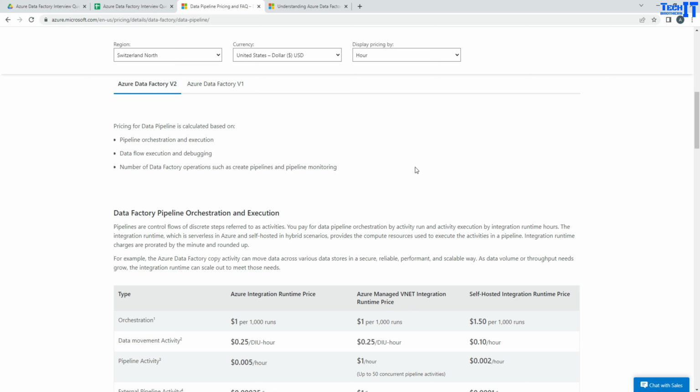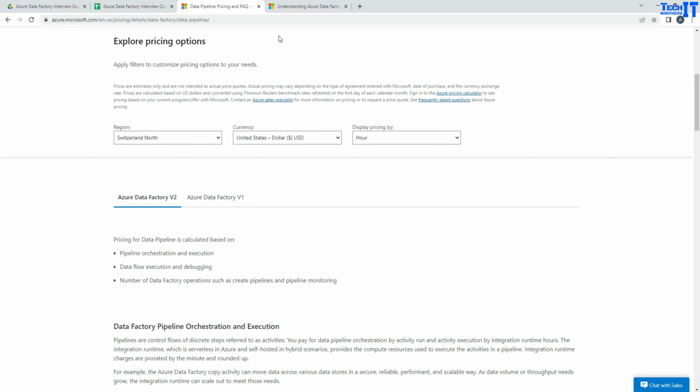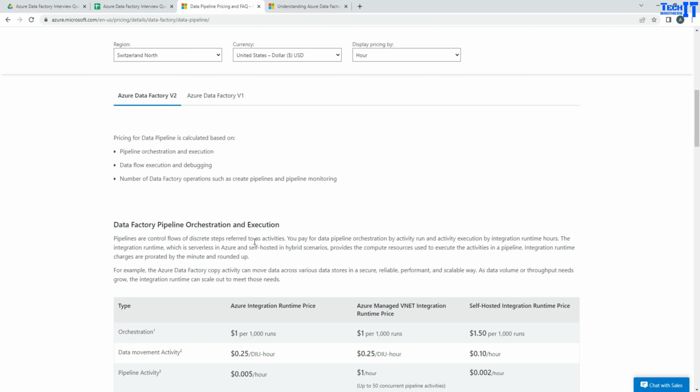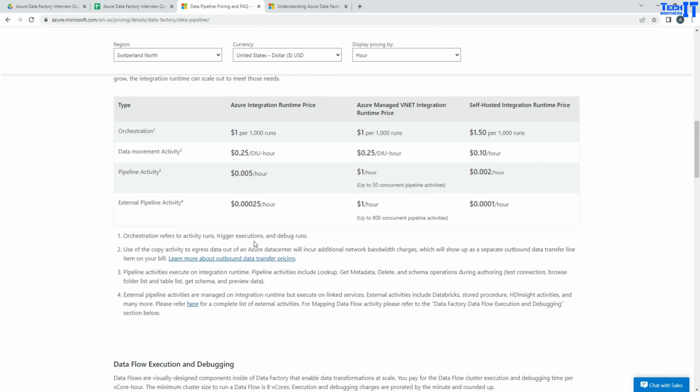So these are the two links you are going to use. These are the two links I'm going to put in the description, so you can create your example and then use these. If I were you, I would create an Excel sheet and write all these prices for 1 unit, and then just place my values there.